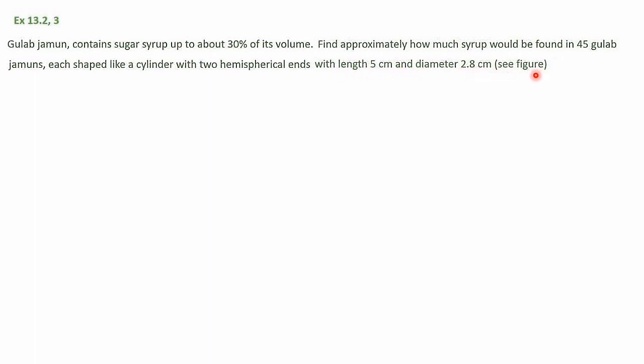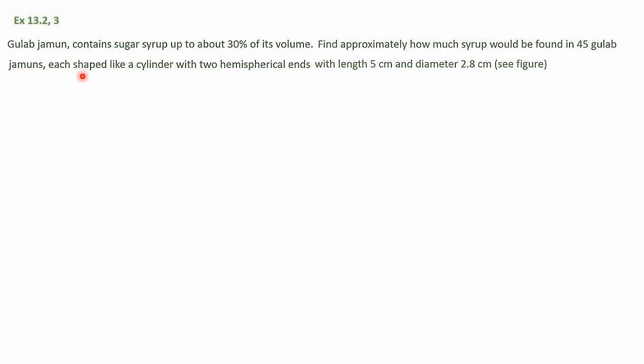There is a figure given to us. Let's go through the question. So 30% of the volume of the gulab jam is its sugar syrup. We have to find out approximately how much syrup would be found in 45 gulab jams.